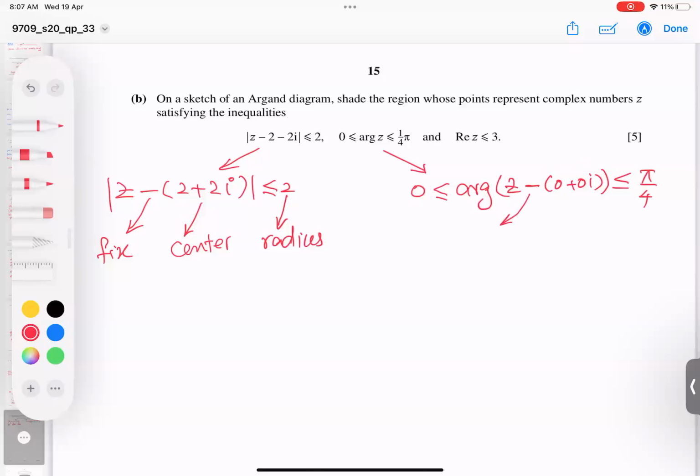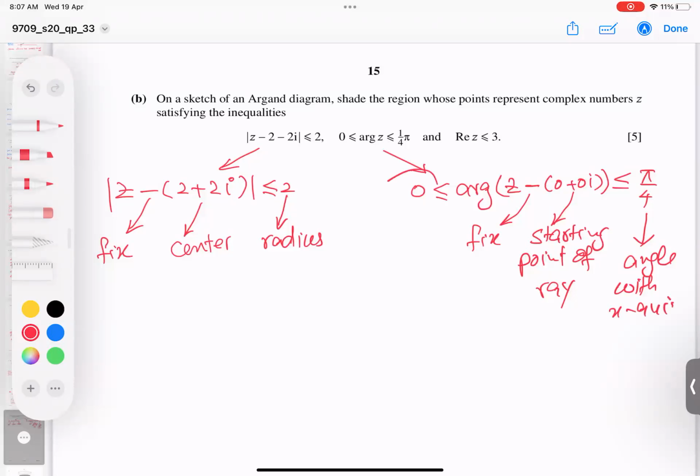This minus is fixed. This is the starting point of the ray. And this is called the angle with the x-axis, and this also we have as 0.